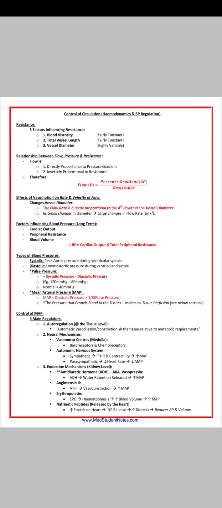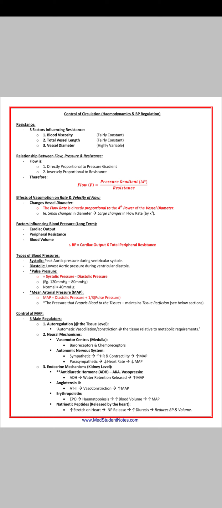Both are from the medulla, and the parasympathetic and sympathetic, or the autonomic nervous system, are controlled by the medulla oblongata. So the neural mechanism is seen in both the medulla and the medulla oblongata.